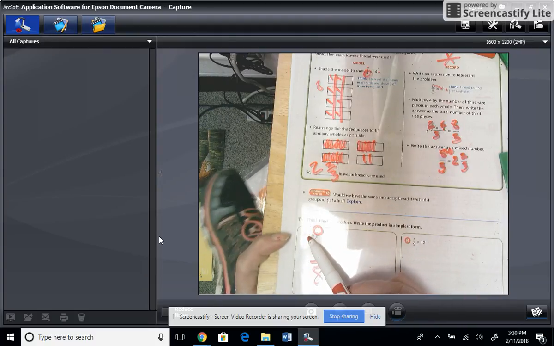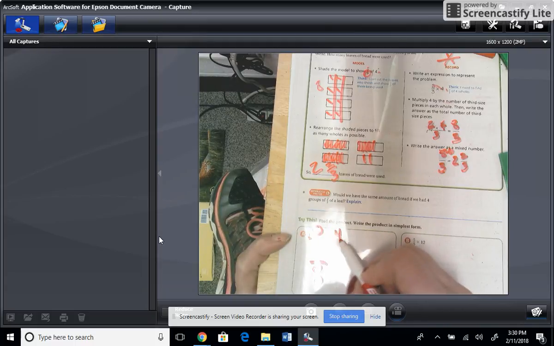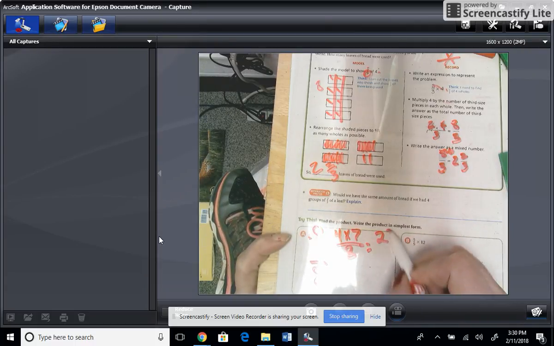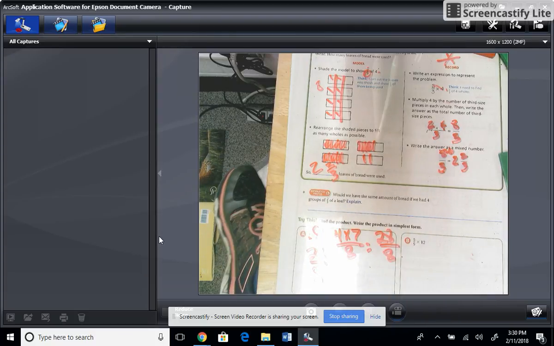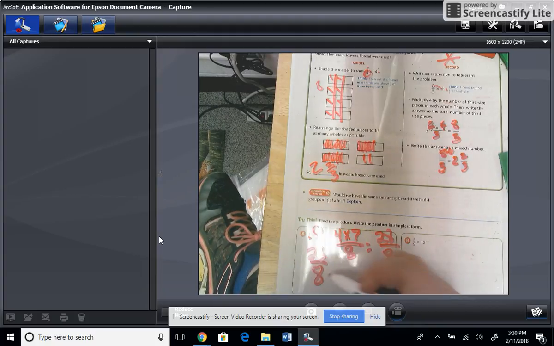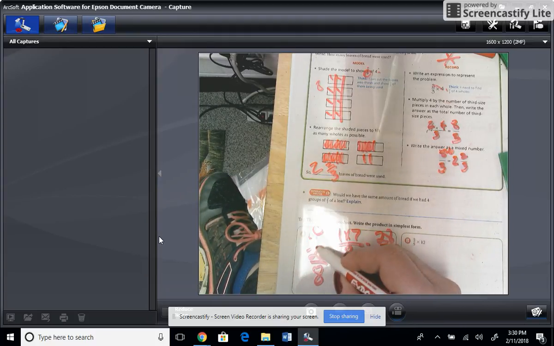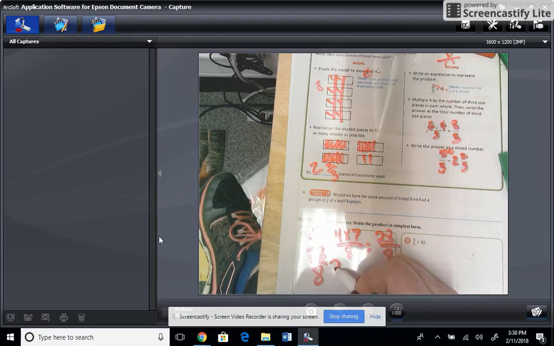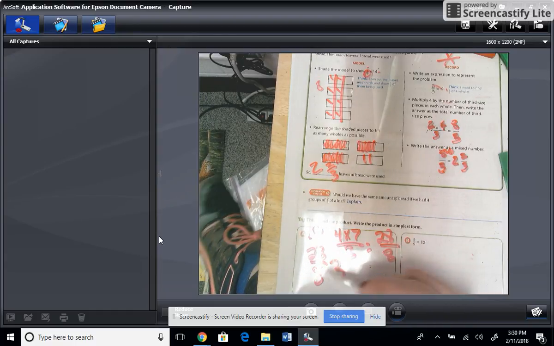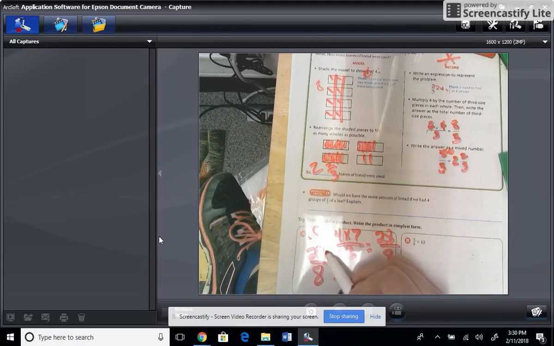So I have 28 eighths, which I know is an improper fraction. So how many times can 8 go into 28? Well, 8 can go into 28 three times, sorry. And that's 24. What do I have left? 4 eighths. I can simplify that, dividing both by 4 because the common factor of both of them is 4. 1/2.